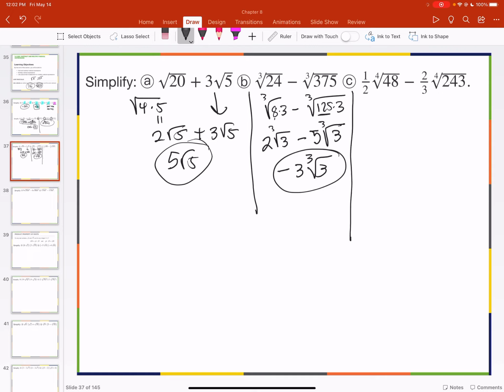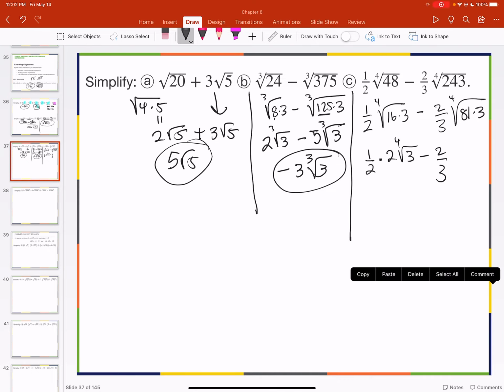Okay, so then one half, and then 48 can be written as 16 times 3, minus 2/3, and 243 is 81 times 3. Fourth root of 16 is 2, so 1/2 times 2 fourth root of 3, minus 2/3.